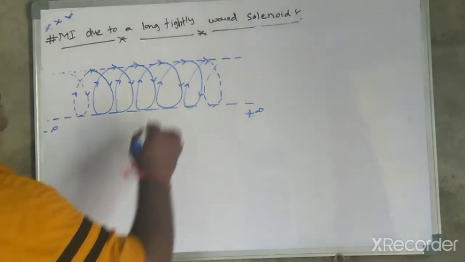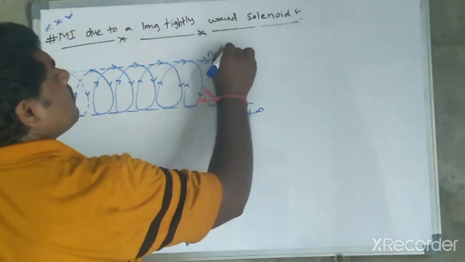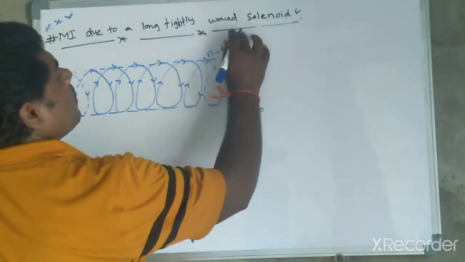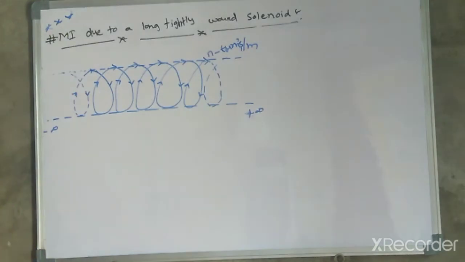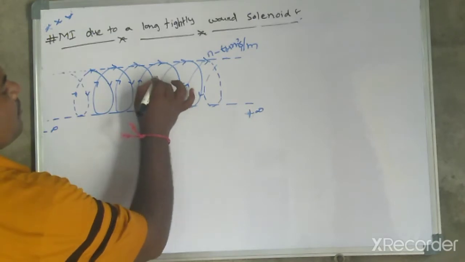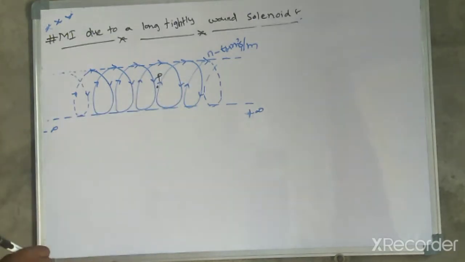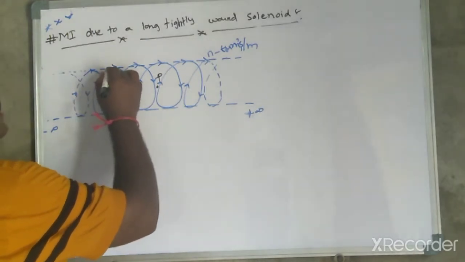Here n is the number of turns per meter. Let us consider a point P at the center. Here there is a small elemental coil.